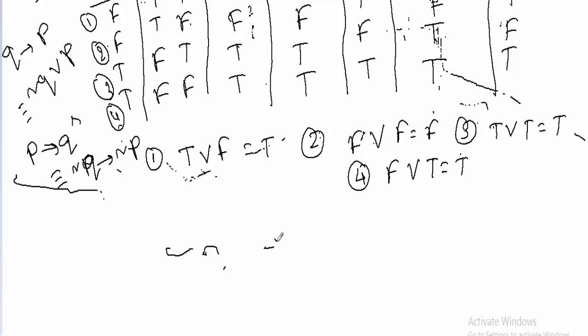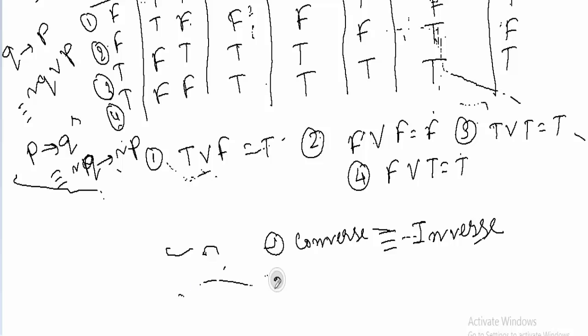So converse is equivalent to inverse, and P implies Q is equivalent to its contrapositive, not Q implies not P.